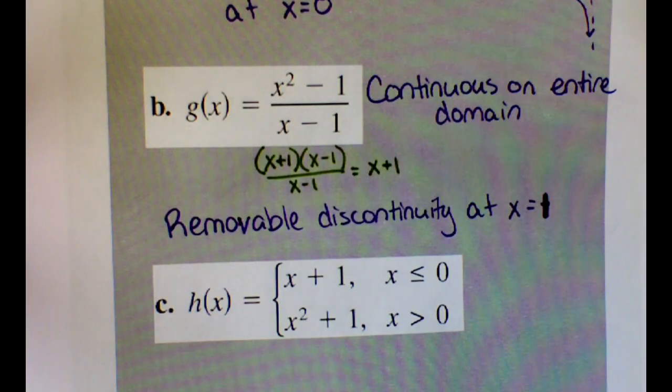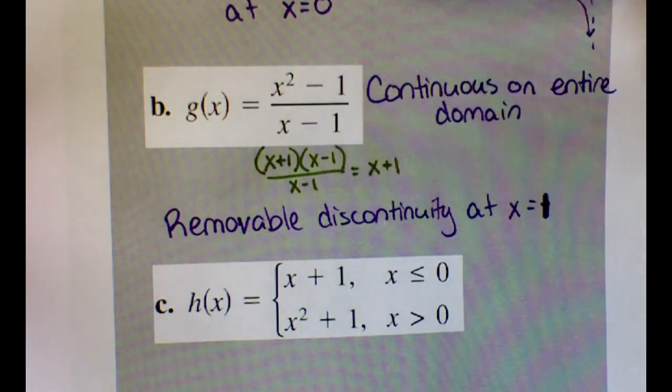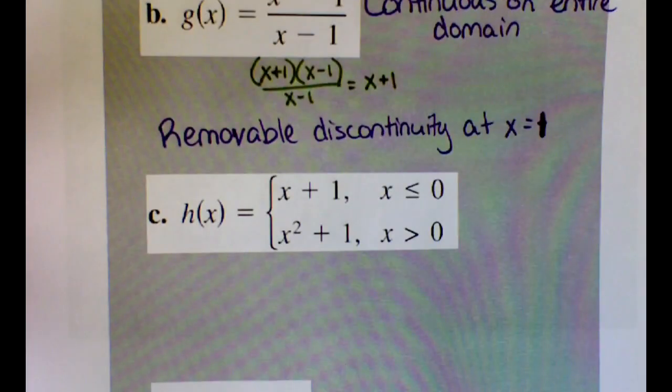So non-removable, I can't just redefine or rewrite my function. Removable, if it's something like this, that cancels out, and I could just say, all right, well, at x equals 1, here's what the function should equal. It should equal 2.